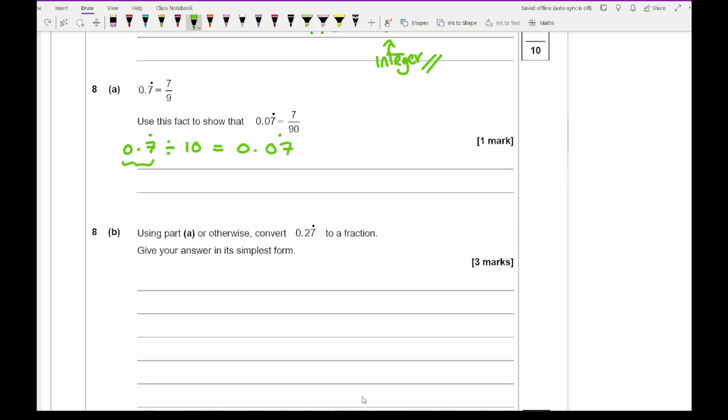Now this I can write as 7 over 9. So it becomes 7 over 9 divided by 10. Then if I convert the 10 into a fraction and use the rules of fractions and division where I flip the second fraction and it becomes a multiply, then all I'm left with is 7 times 1, which is 7, 9 times 10, which is 90, which is what they wanted me to show.